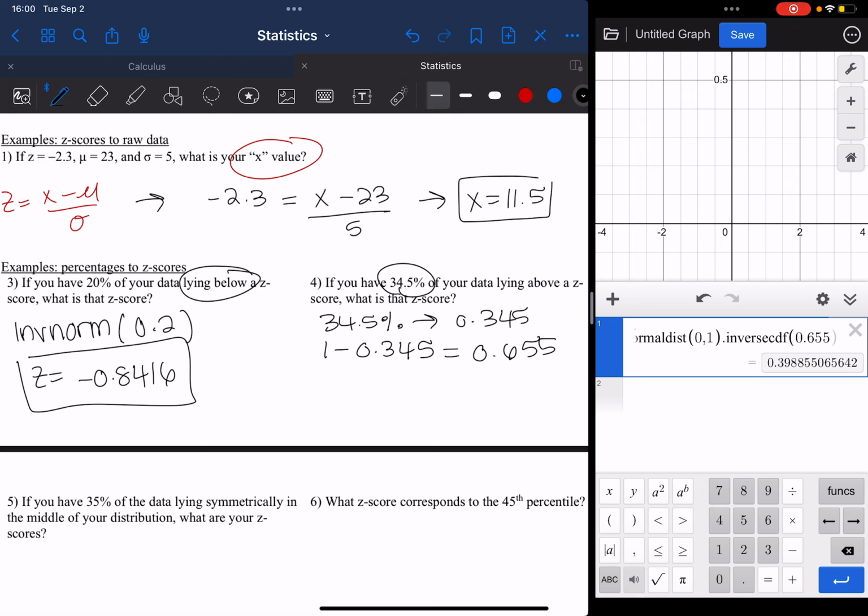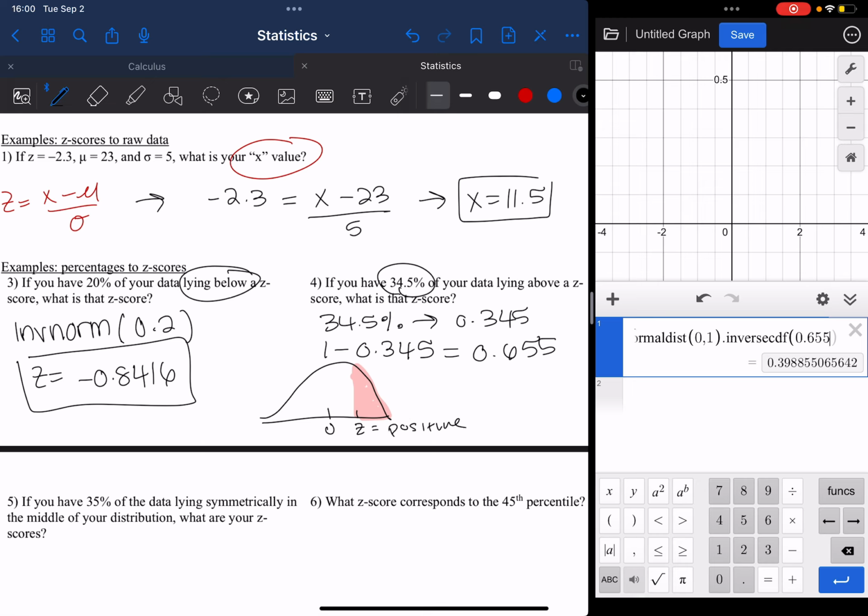You would just have to know that lying above a z-score means we're going to have a positive z-score, because our chart would look something like this. Here is 0, here is z. We know that 35% of the data is above, which tells us that our z-score is going to be positive.